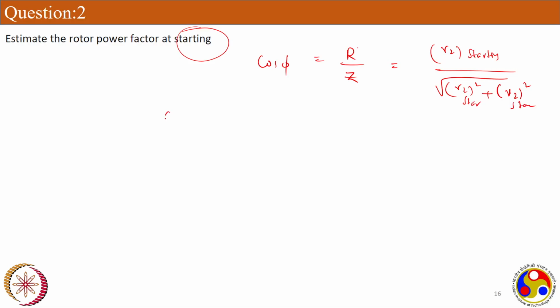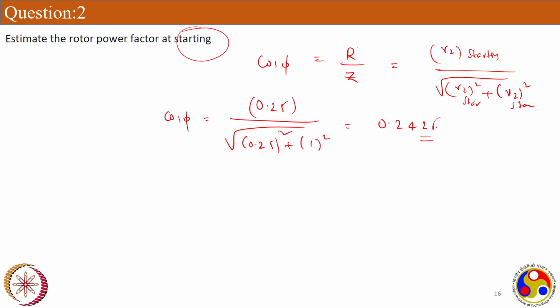Now cos phi is equal to R2, 0.25 standstill resistance, under root 0.25 square plus standstill reactance 1 square. So if you see, it is 0.2425. So at starting condition, your rotor has a very poor power factor, 0.24.